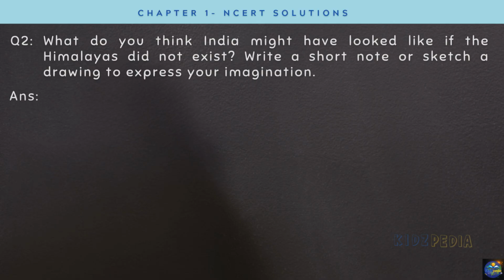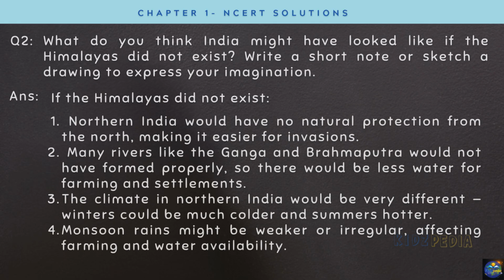You can write the answer like, if the Himalayas did not exist, northern India would have no natural protection from the north, making it easier for invasions. Many rivers like the Ganga and Brahmaputra would not have formed properly, so there would be less water for farming and settlements. The climate in northern India would be very different.